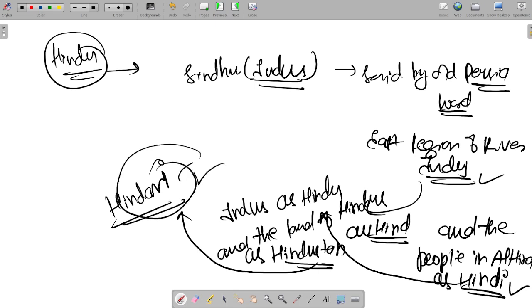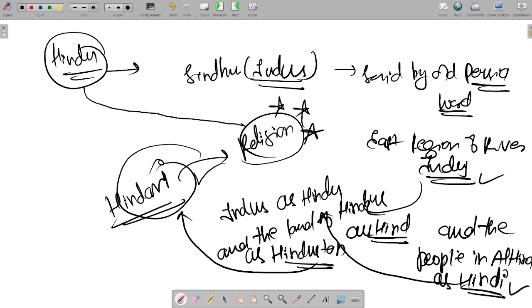Here you can see that there is no mention of religion anywhere. This is an important point: Hindu is not related to religion. It is related to the people and the place they lived.